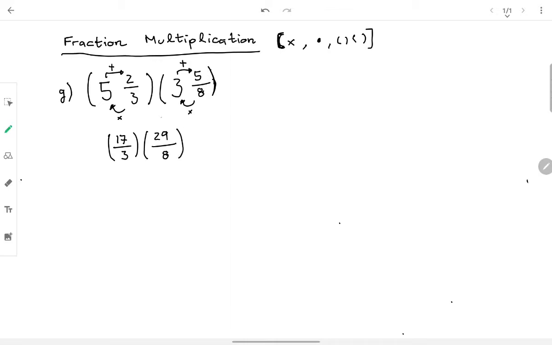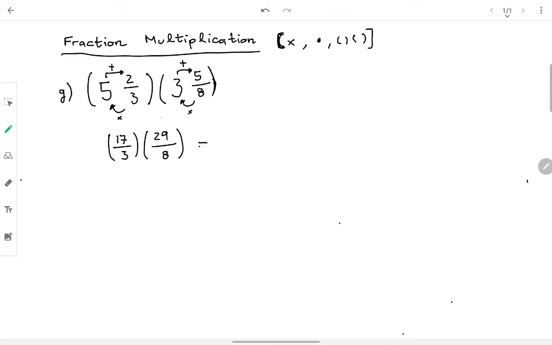So first we can try to decompose 17 and 29. They are prime numbers, so the only number we can decompose is 8, but it won't help you because it won't eliminate with anything. So we can make the multiplication.